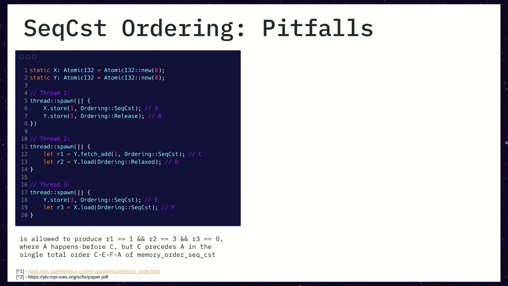Thread 2 does the same thing. We're also using sequential consistency and relaxed there on the fetch add and load. And then in thread 3, we're spawning a thread that stores 3 to Y, and it loads using sequential consistency to R3. This is allowed to produce a weird scenario where R1 is equal to 1, R2 is equal to 3, and R3 is equal to 0.